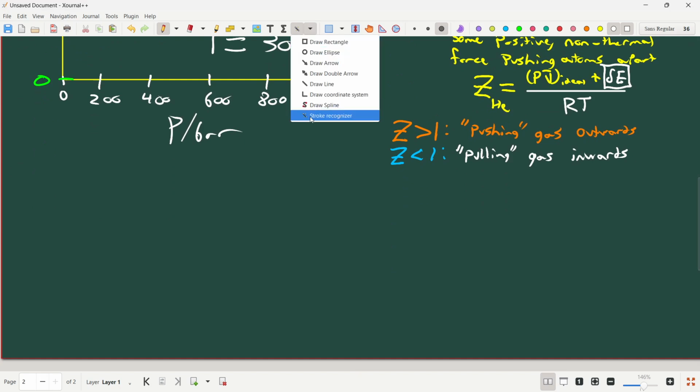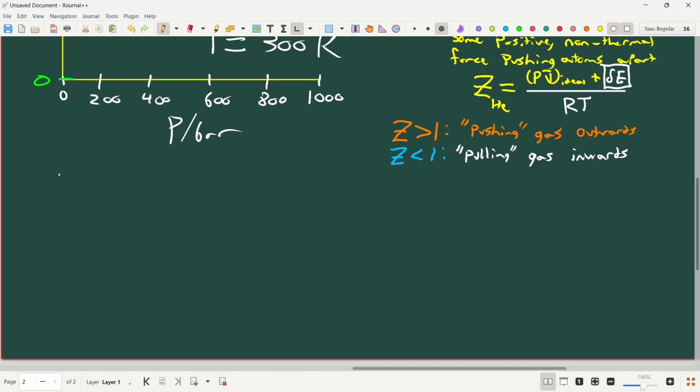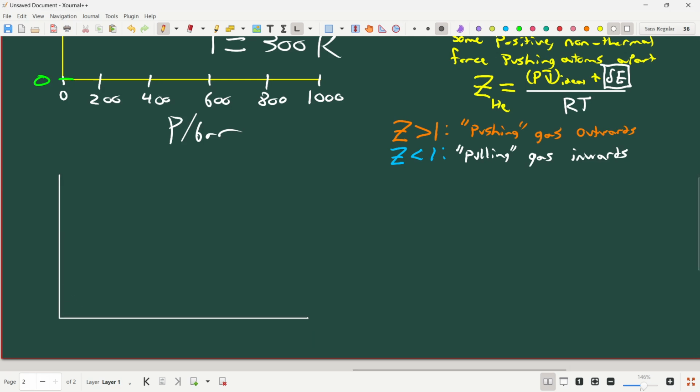All right, so let's make a new plot. Same plot as before. Run it from 1,000 to 0. I need to spread these out a little bit, sorry. Maybe like right there.